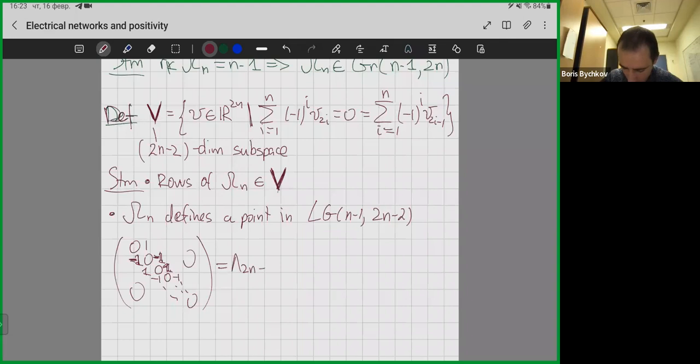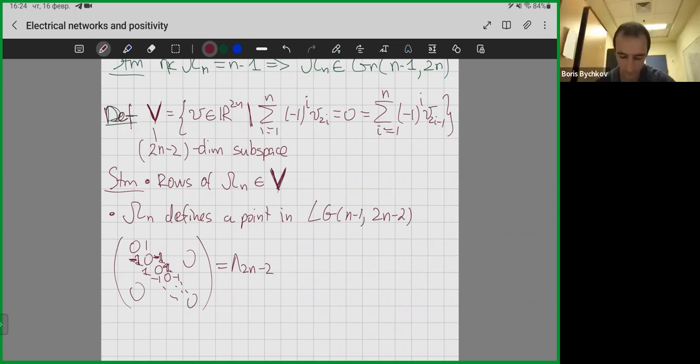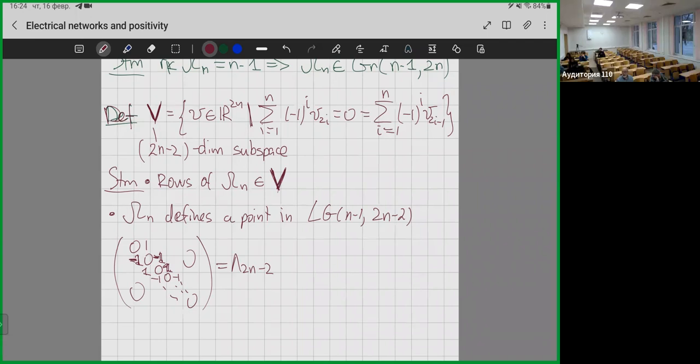This form is in the natural basis. What is a natural basis? In R2N it's clear, but in V, which is a subspace. Мы задаем форму на R2n.